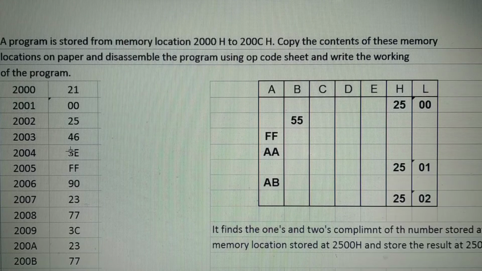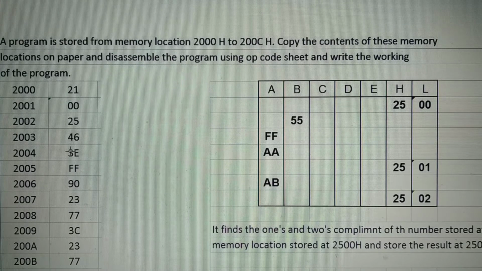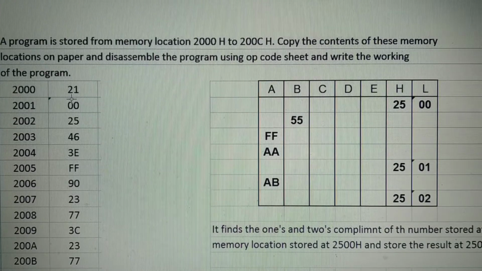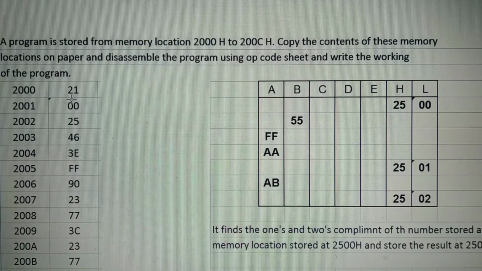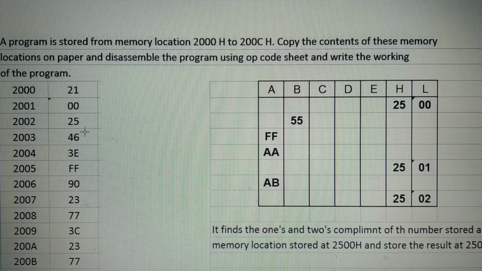You know that the first byte of the program is always an operation code. When the program begins from 2000, it means at 2000 the operation code is there. You have to find out the operation code, and from that operation code find out the instruction. Once you know the instruction, you know whether it is of 1 byte, 2 byte or 3 byte. If the instruction is of 3 bytes, the next operation code will be at 2003.